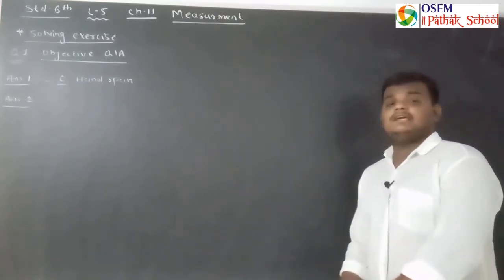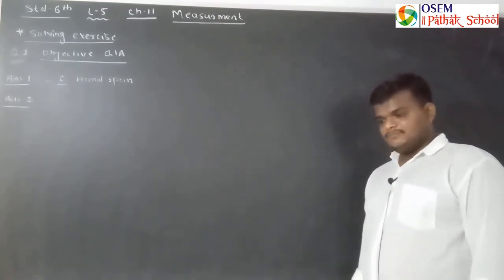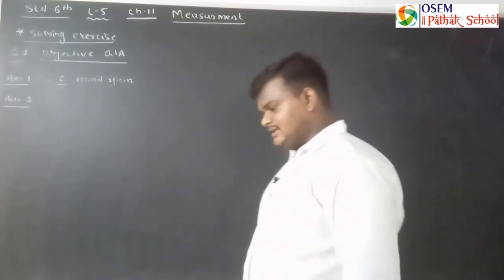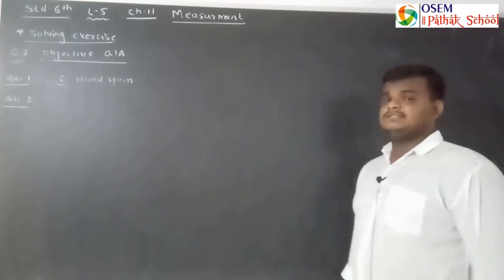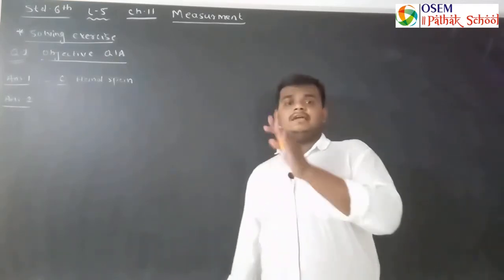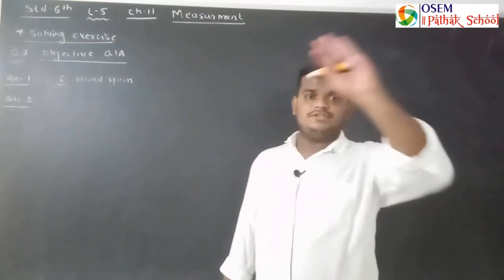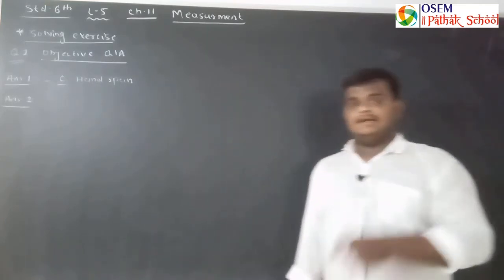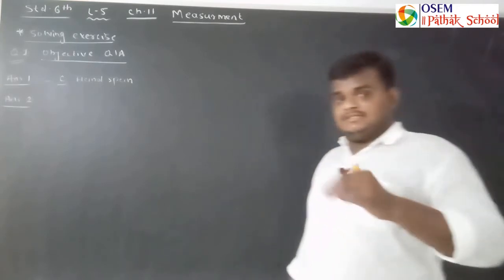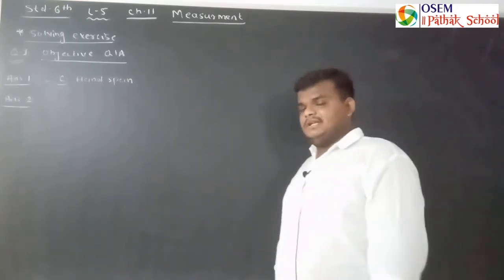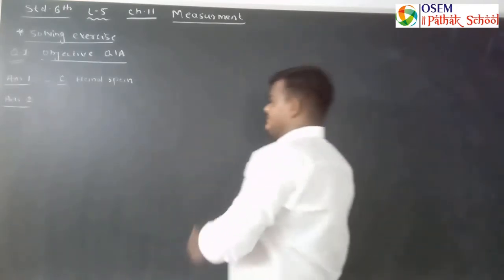So what is the SI unit of temperature? Degree is used to measure the angle. Celsius, Fahrenheit and Kelvin are all units of temperature, and out of that, the standard unit of temperature is Kelvin.